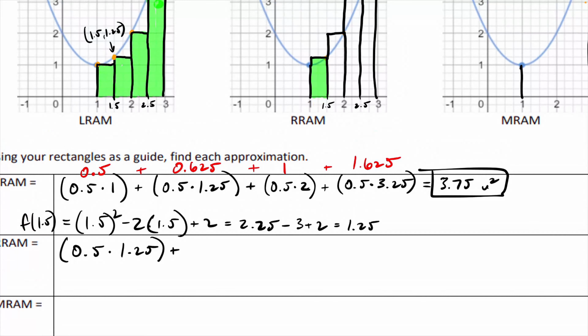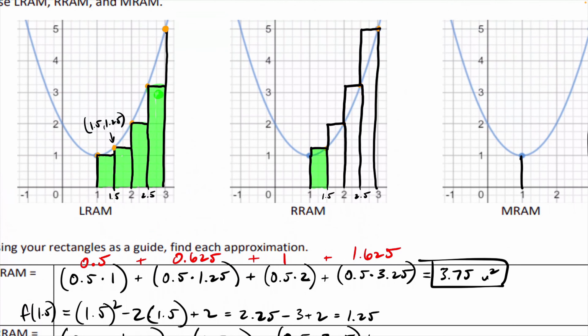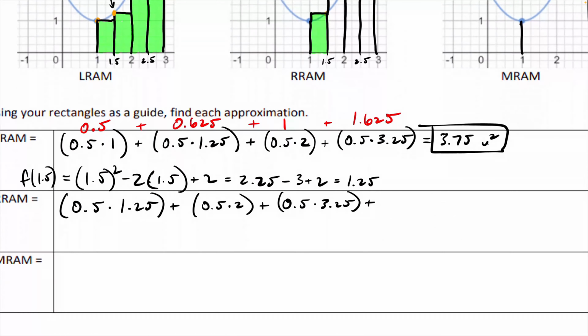The next rectangle looks like it's up 2. The next rectangle looks like it's up 3.25. And then the last rectangle looks like it's up 5. That one goes all the way to the top.